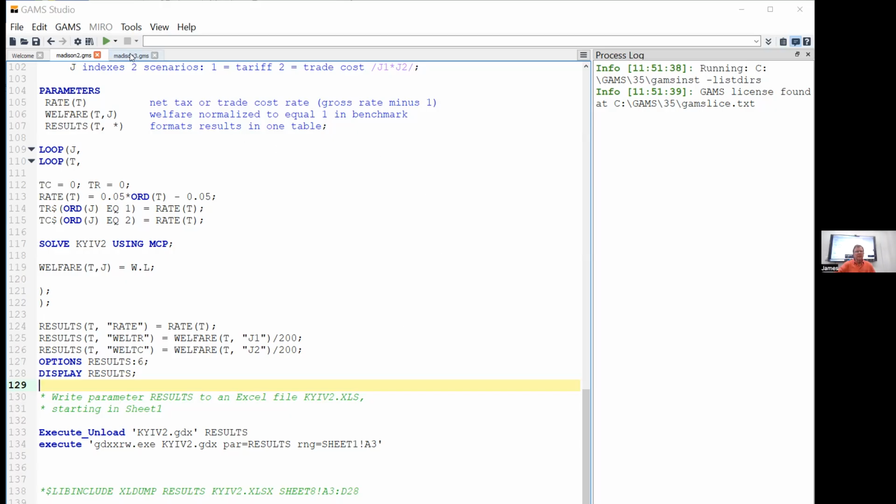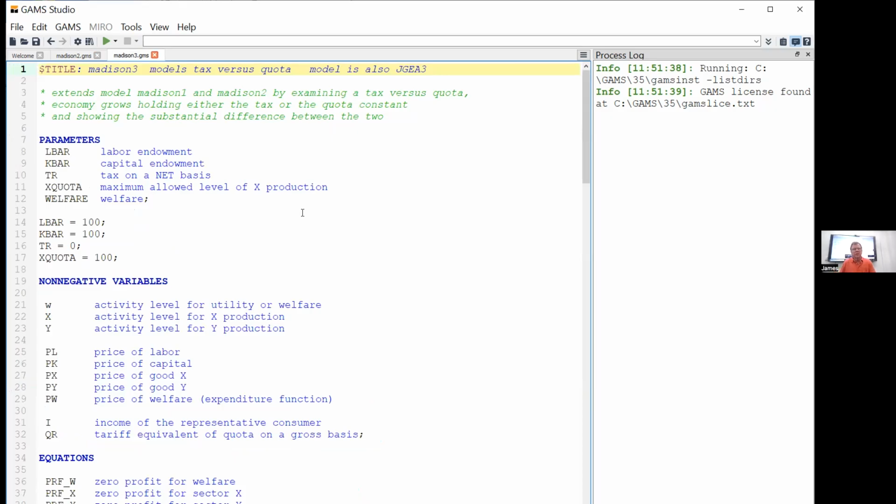Okay, so the second example, again, the idea here is to try to keep things as tight with theory as possible. It is the difference between an intervention that's a tax, which is an intervention on the price side of a market, versus something like a quota, which is an intervention on the quantity side of the market. The lesson here is you can always calibrate a model so that they're the same.